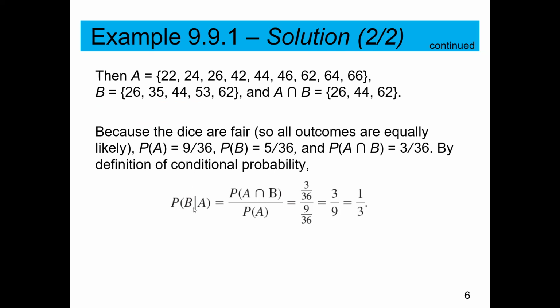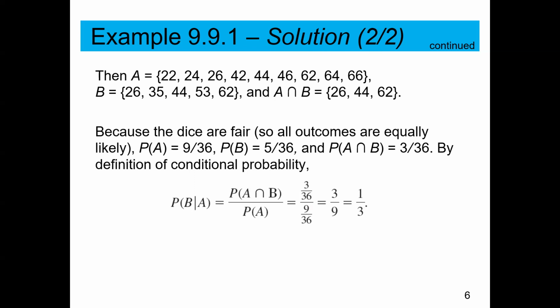Because the first die had to be a 2, 4, or 6, and each one has only one way to work, that's actually how you could have come up with that 3, even if you didn't brute force it. But this probability is going to be 3 over 36 over 9 over 36, which is 3/9 or 1/3. So there's a 1/3 probability that this will occur.